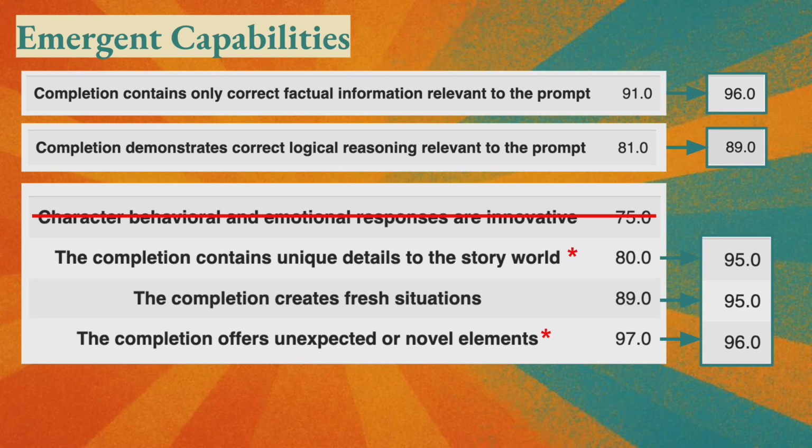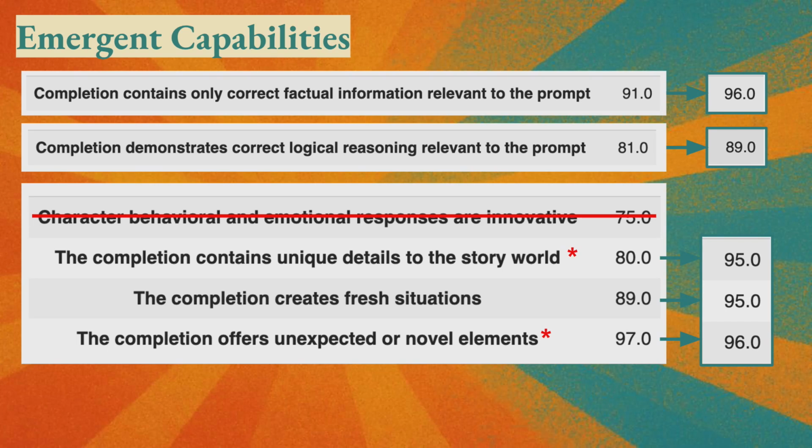Like if the prompt talked about a talking pumpkin, or the prompt talked about a toy car coming to life, Claude Haiku would be like, oh, these are unique details to the story world. And I was like, wait a minute. No, don't evaluate the prompt, evaluate the completion.